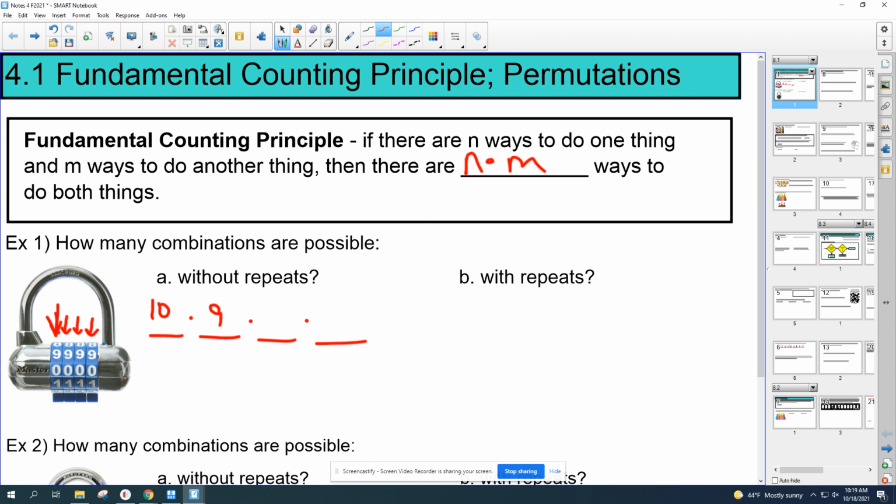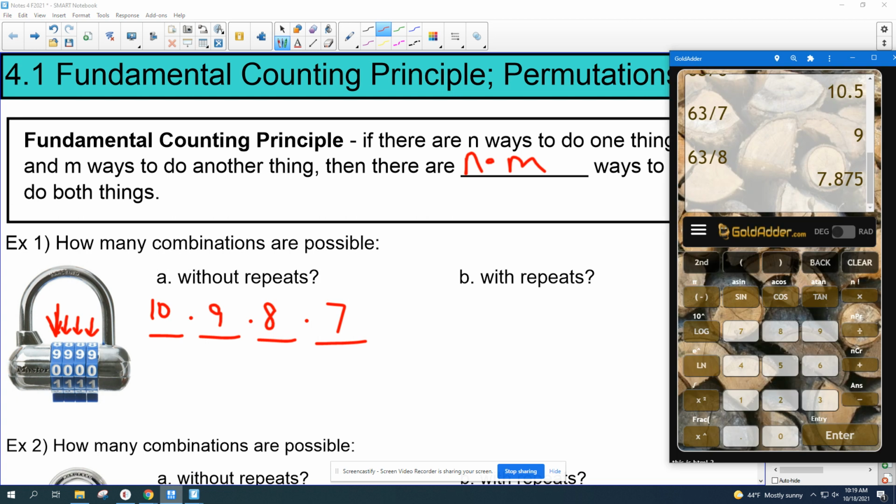There would be 9, because you can't repeat whatever the first one was. Then there'd be 8, and then there'd be 7. So the answer is 10 times 9 times 8 times 7. It's 5,040.